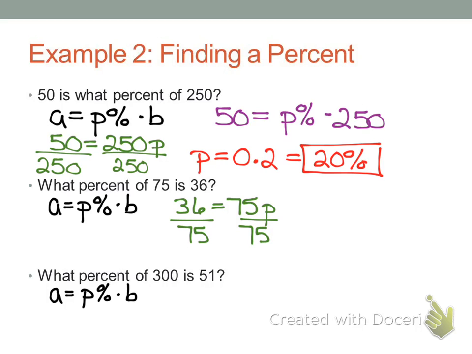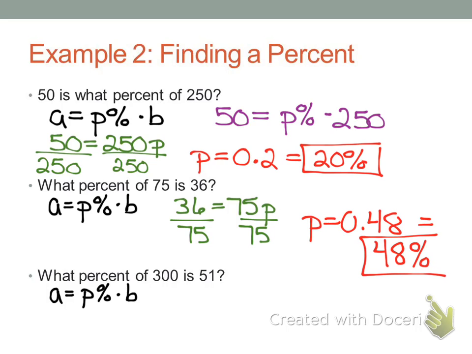Don't do the little division symbol. Don't get creative with it. Just show it as a fraction. And then P equals what? Okay, it's going to be 0.48, but is that my percentage? Nope, it's going to be 48%. Raise your hand if you got 48%.